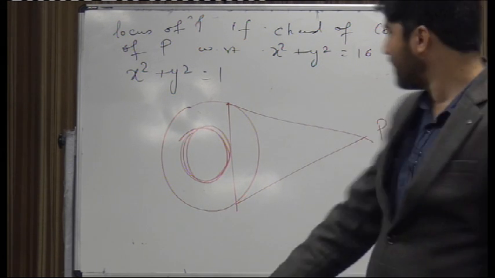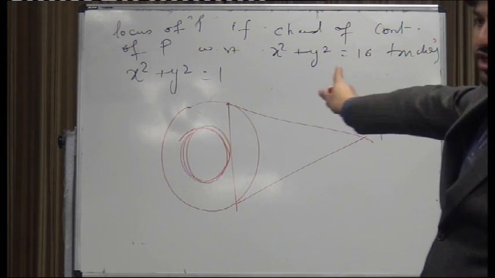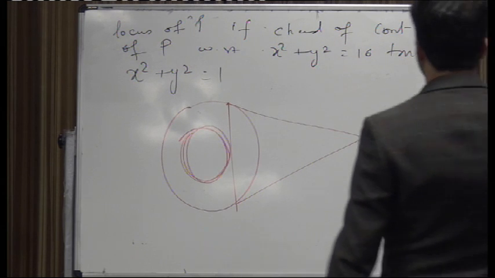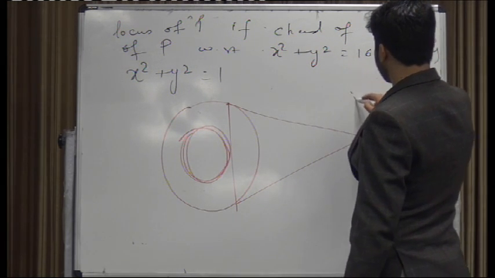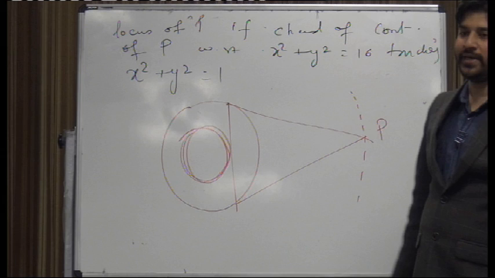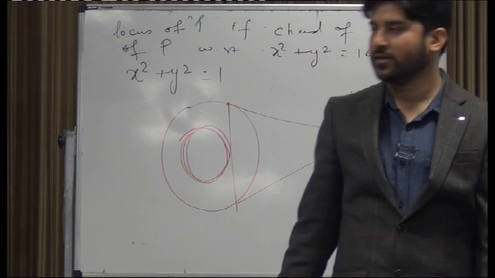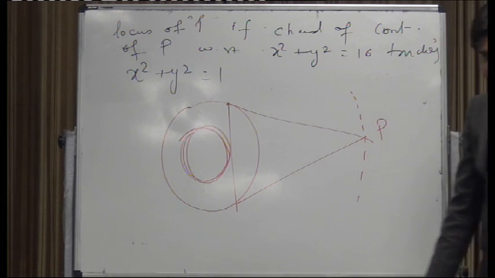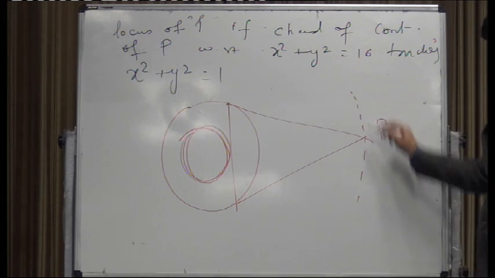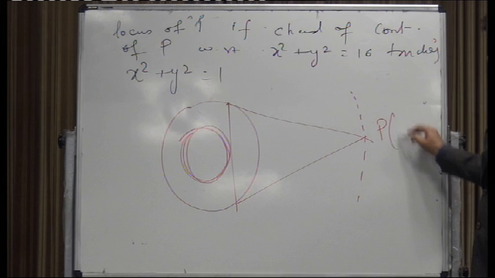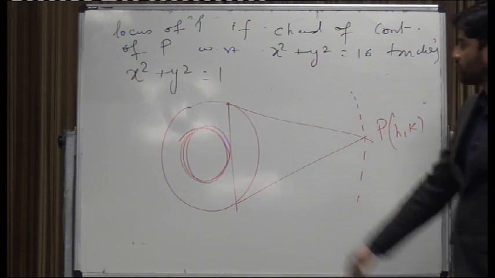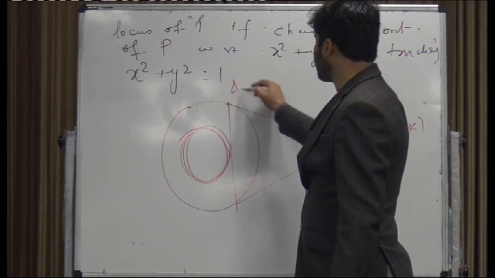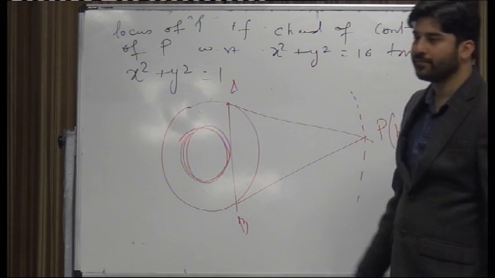So this line is touching that. You have to tell me the locus of P. So P is my moving point. You have to give the equation of its path, right? Let's say this is AB. What will be the equation of AB?